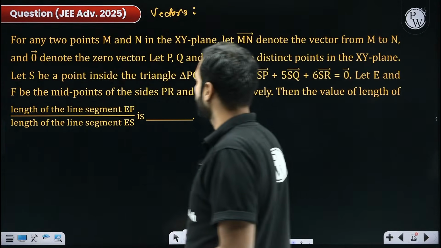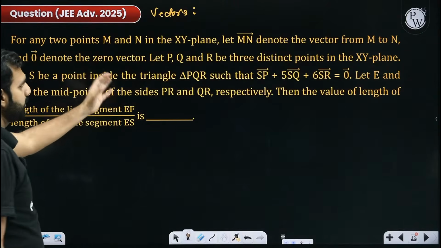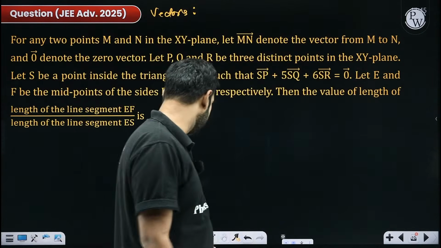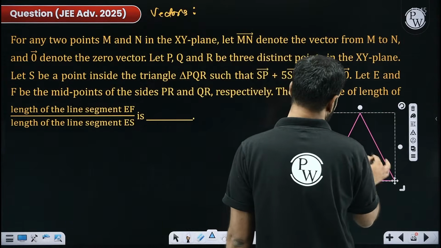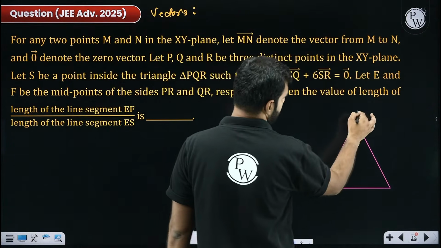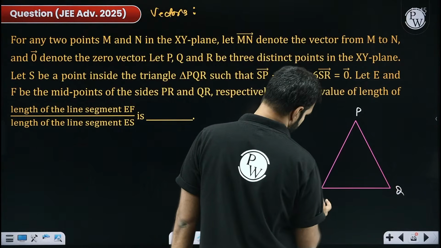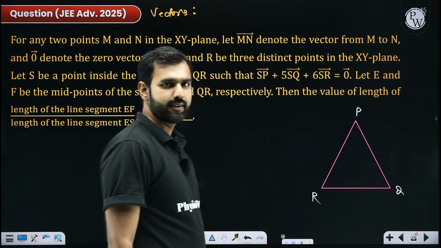So when I focus on this question, O denotes the zero vector, P, Q, R are three distinct points in the XY plane. So there is, first of all, a triangle here. Let's say P, Q, R are lying on this triangle. This is point P, this is point Q, this is point R. Everybody comfortably got this?